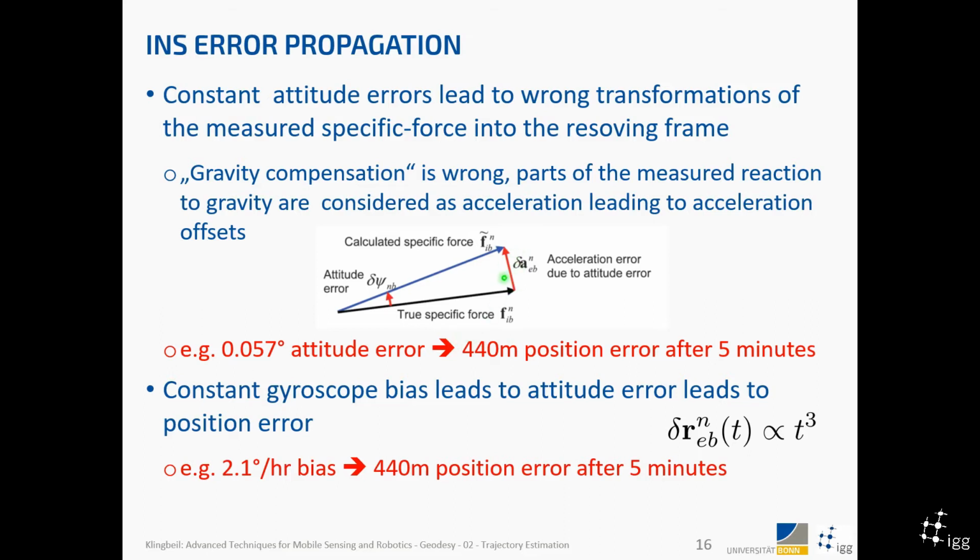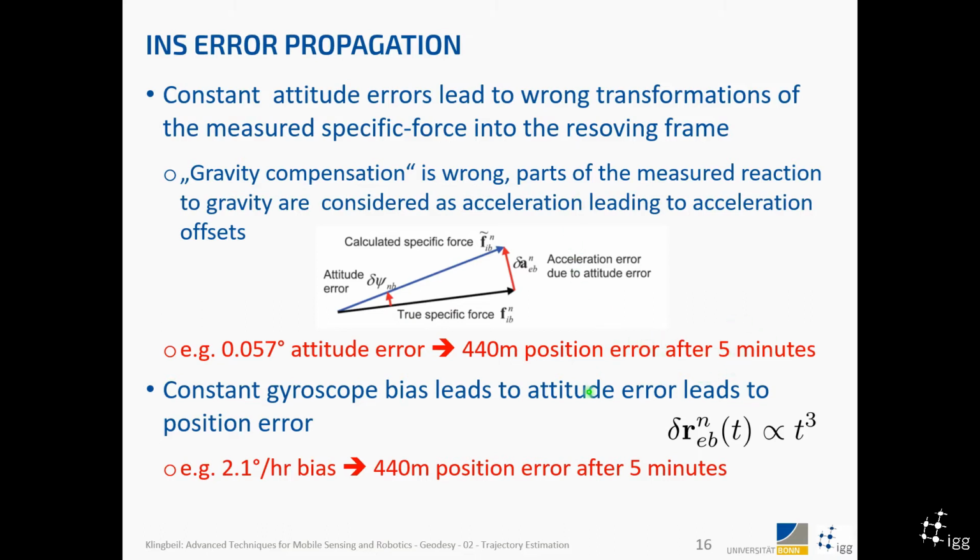if I have a constant attitude error here, for example, a very small attitude error, 0.057 degrees, and if this is constant, then this leads to a 440 meter position error after 5 minutes.